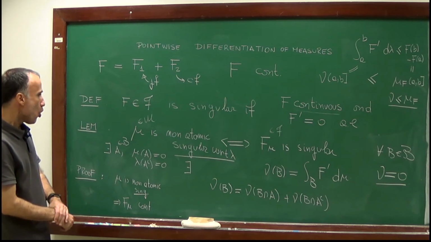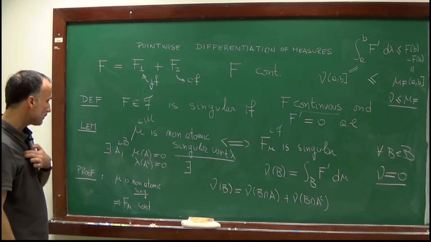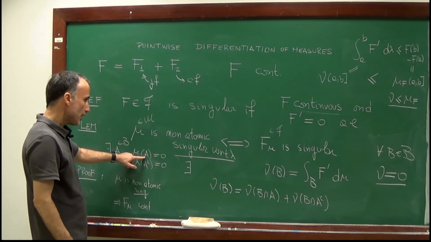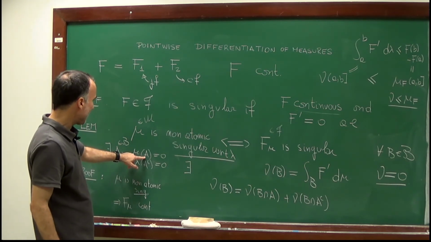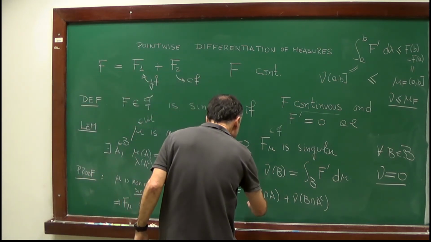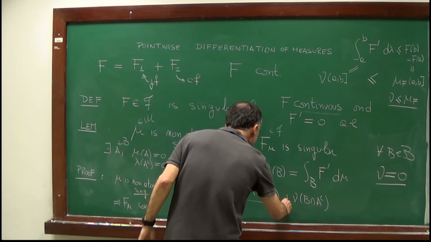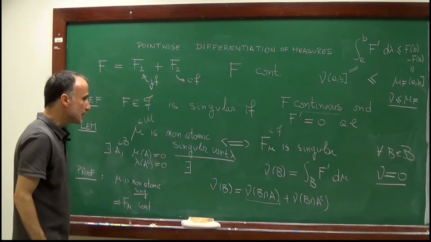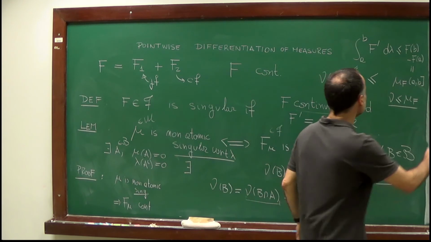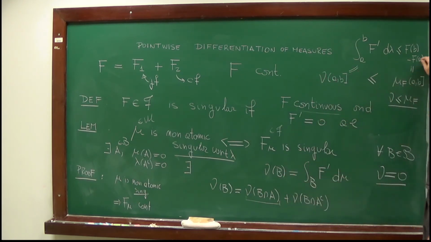Well, on the one hand, we know that mu of A is equal to 0. Okay. So mu of B intersection A is less or equal than, well, this is actually my measure mu, right? Because f, it's f of mu.